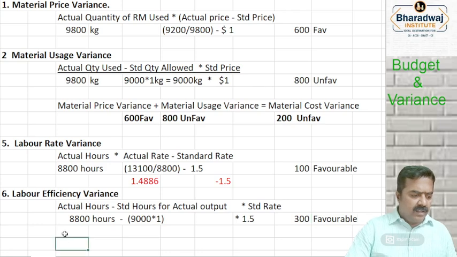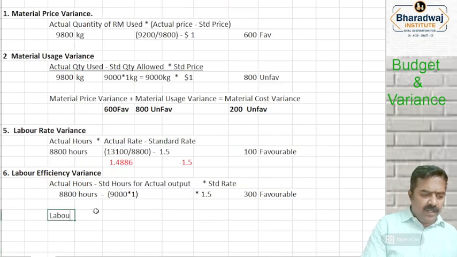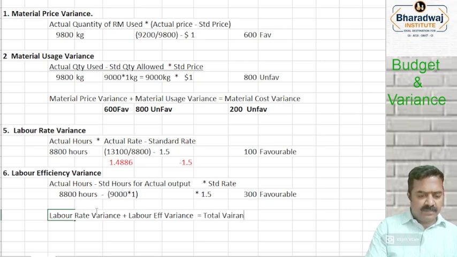So we can say verification we have done. How to do verification? Labor rate variance plus labor efficiency variance is equal to total variance, or total labor cost variance.